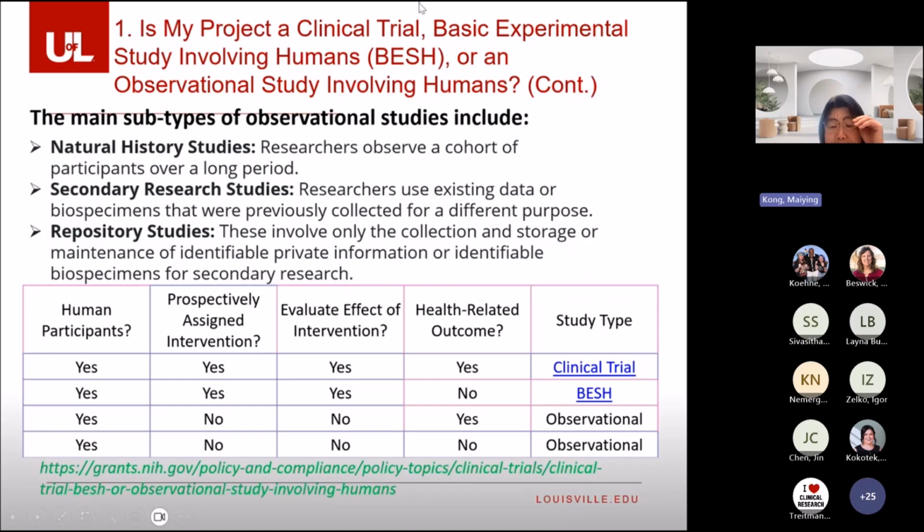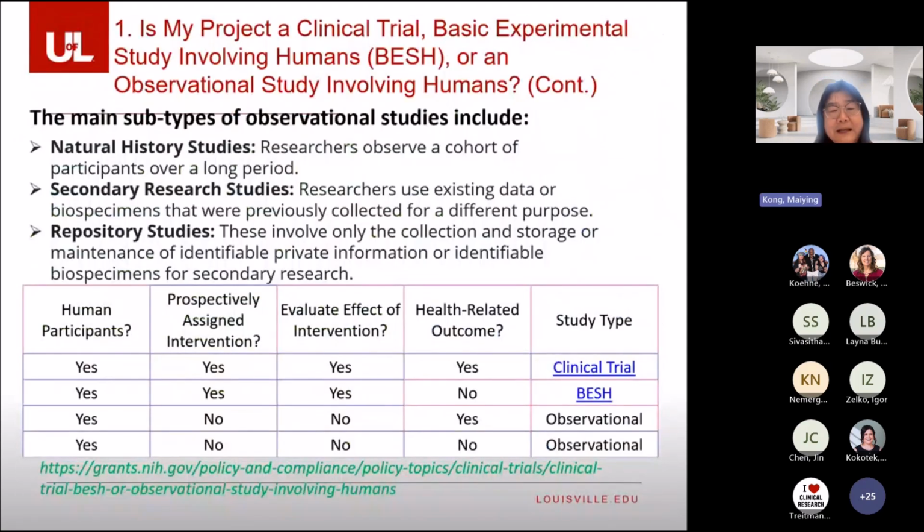The difference between clinical trials and BESH is the health-related outcome. Clinical trials evaluate a health-related outcome, but BESH does not. Mechanism studies may fall into the category of BESH, not clinical trial.